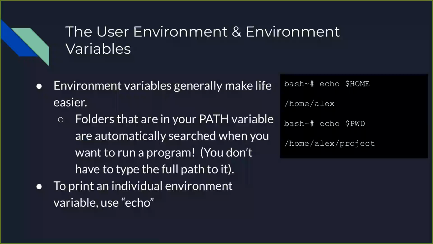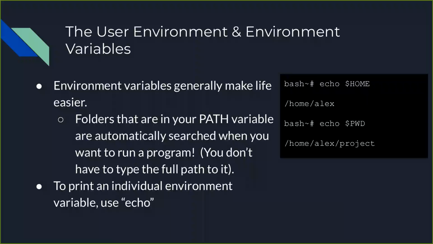So one good example of how environment variables make your life easier is the path environment variable. The path environment variable will tell the computer every directory in this set of directories. This is where you should go look when I type a shorter version of a program I want to run.